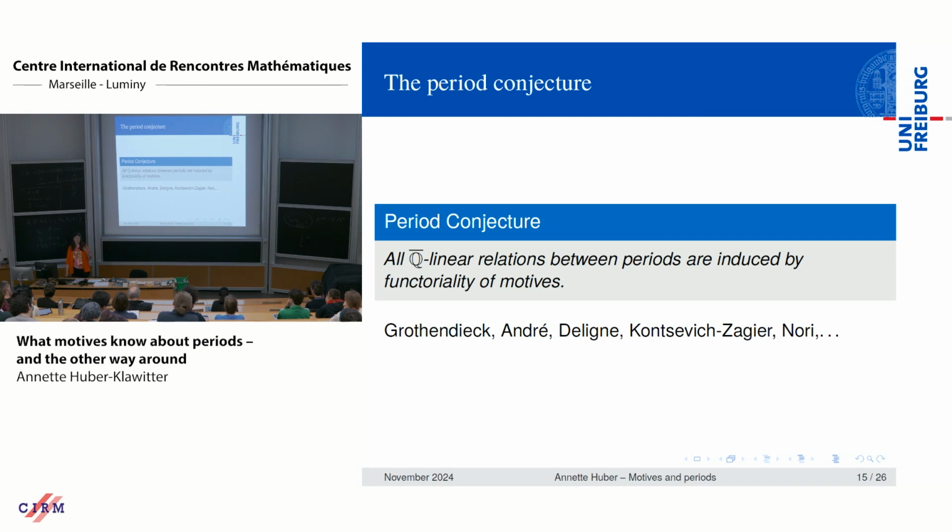The person who explained to us how the conjecture works and how it's related to other things is really Yves André. But then you also find papers by Deligne, and then Kontsevich and Zagier had a go at it without mentioning anybody else. So let's call it Grothendieck's period conjecture. And also let's mention Nori, because he also didn't write, but his understanding of what's going on is really behind a lot of the things that are happening now.